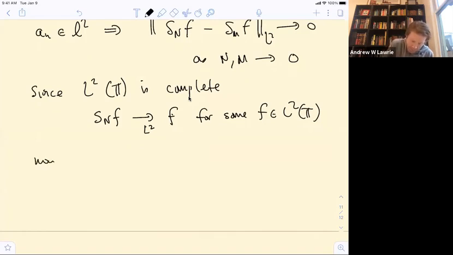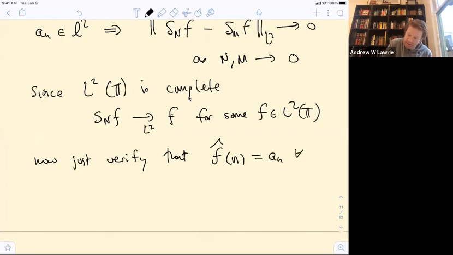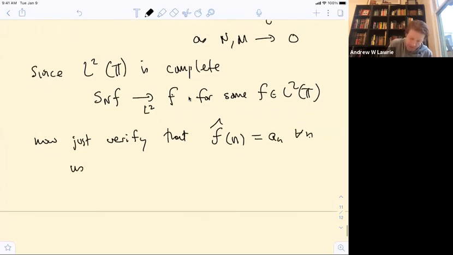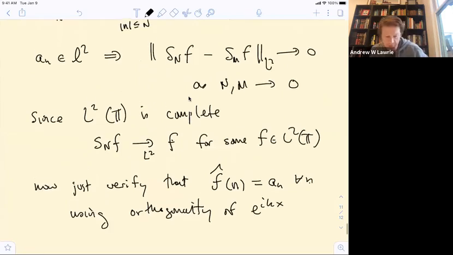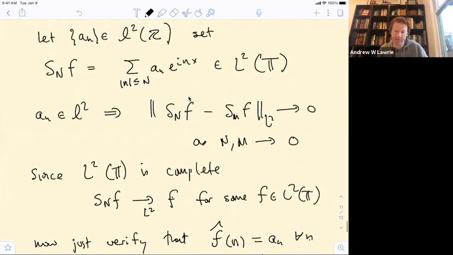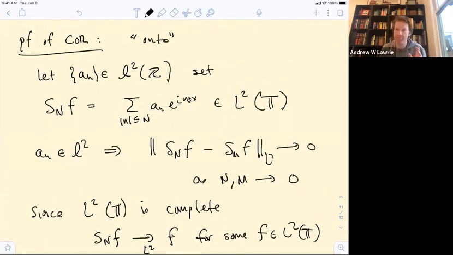Now just verify that f hat n is equal to a_n for every n, just using orthogonality. So just by pairing and integrating using these e to the ikx's. That finishes the proof that we have in fact a bijection.